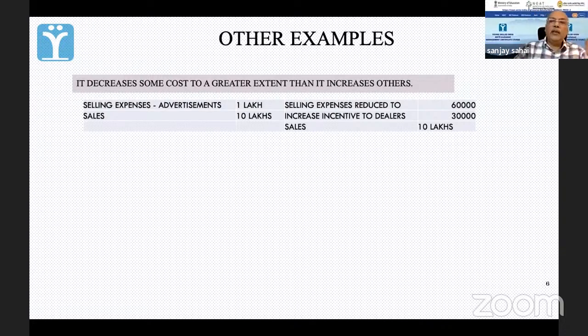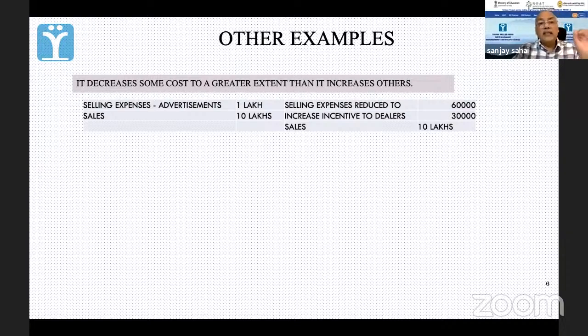So basically what happens is they were not giving this incentive to the dealers before. So the 30,000 here represents an increase in the expenditure. But they have reduced the expenses on selling from 1 lakh to 60,000. So they have actually reduced it by 40,000, whereas the incentive has increased their costs by 30,000.